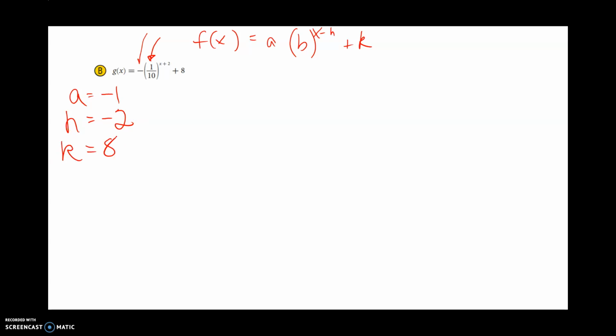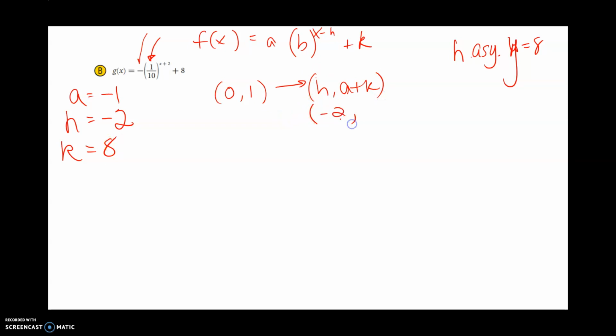So what we automatically know just looking at this is that we have a horizontal asymptote at y equals 8. All right, let's take our reference points. Our first reference point is (0, 1), and it changes to (h, a plus k). H is negative 2, a plus k, so it's going to be (-2, -7).